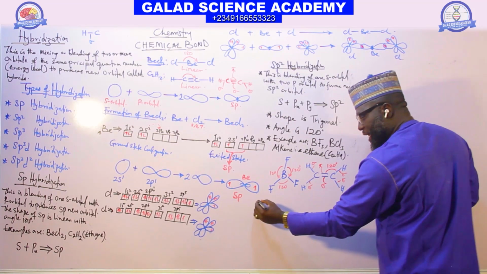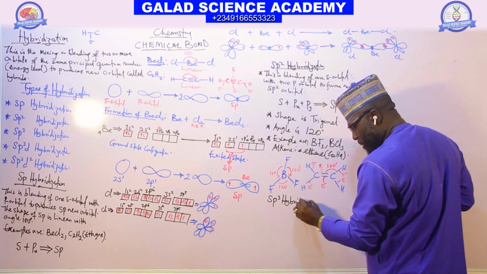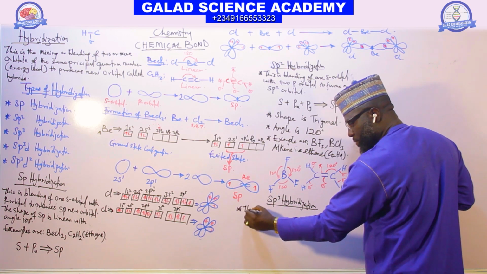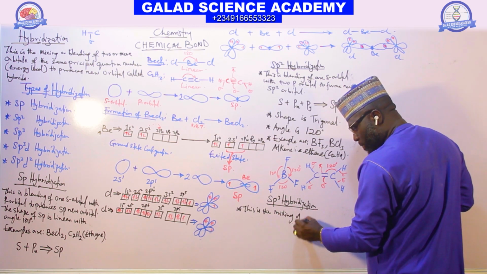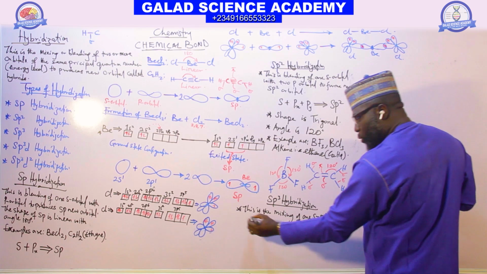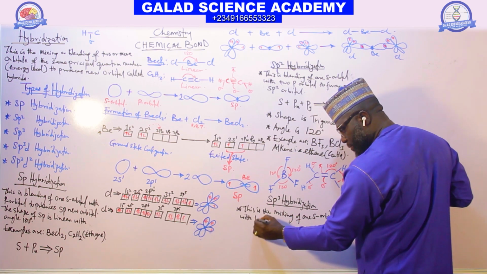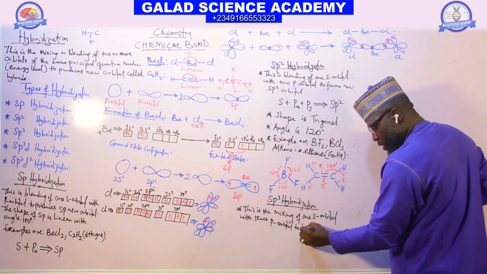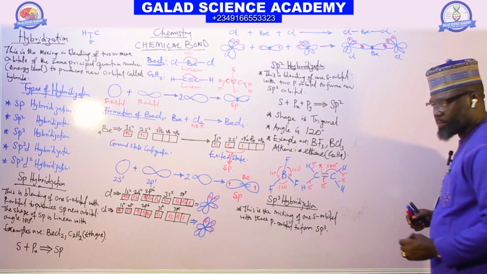So, sp3 hybridization. This is the mixing of one s orbital with three p orbitals to form sp3 orbitals.